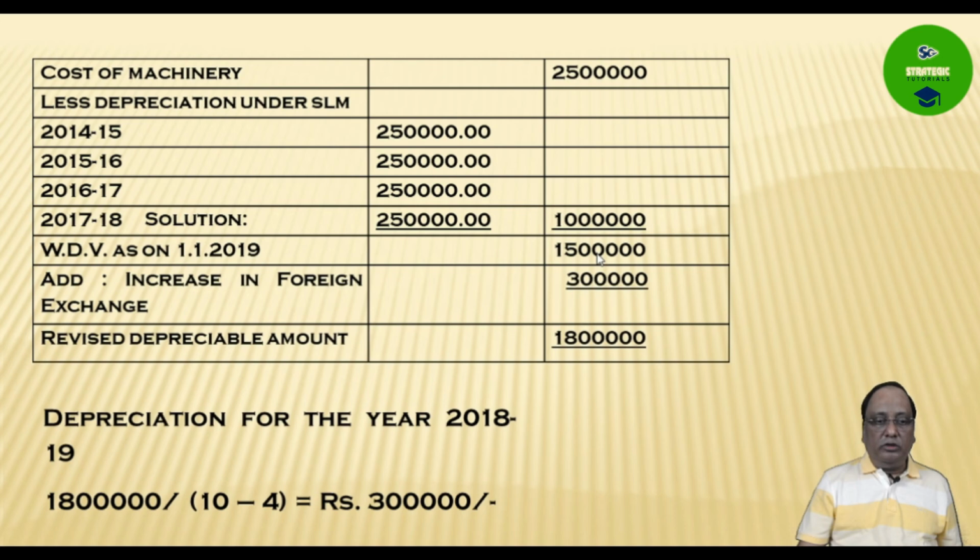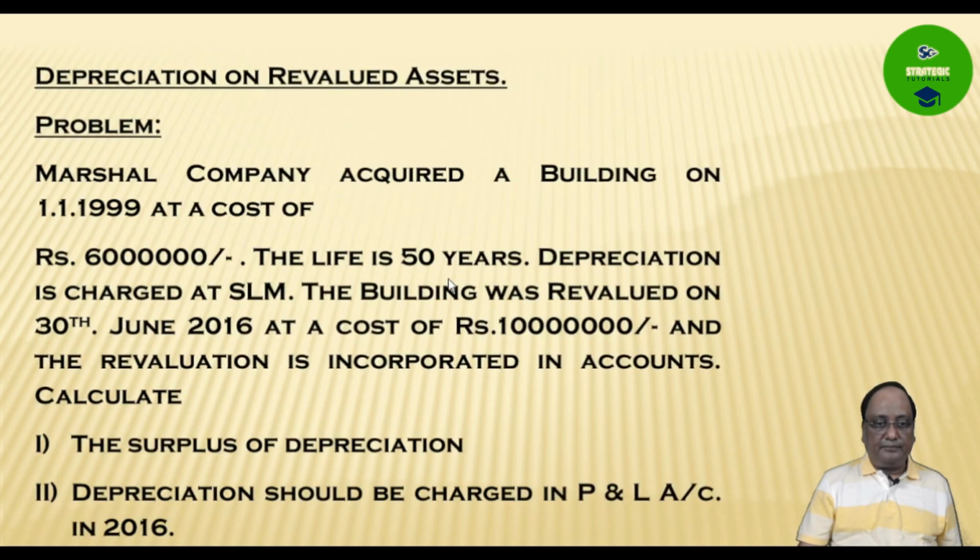The WDV as on 1st January 2019 is 15 lakhs. So the increase in foreign exchange is 3 lakhs. Revised depreciation should be 18 lakhs. So depreciation for the year 18-19 is 18 lakhs minus 6, that is 3 lakhs. So this is the basic calculation for the machine.